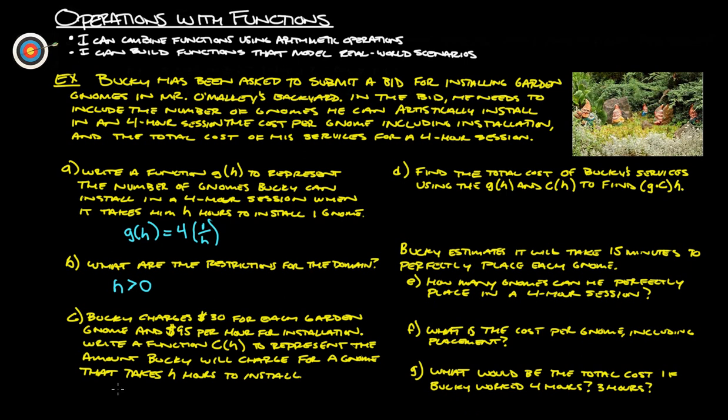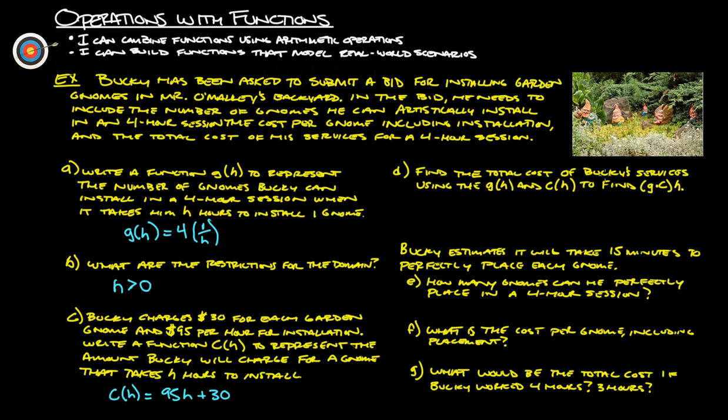Okay, so our cost per hour is going to equal $95 per hour plus $30 just for getting out there, plus 30. So that's going to be his cost. So this is his cost function.